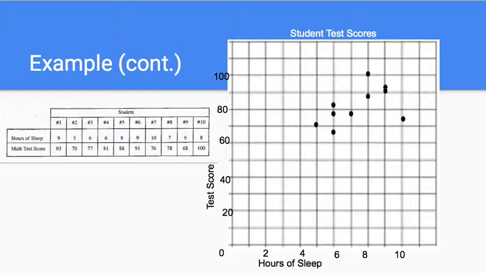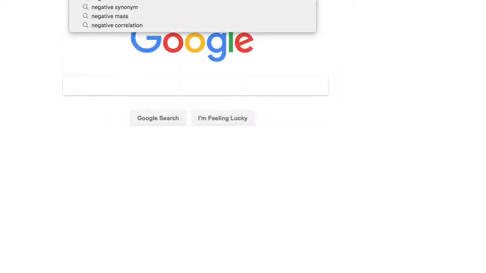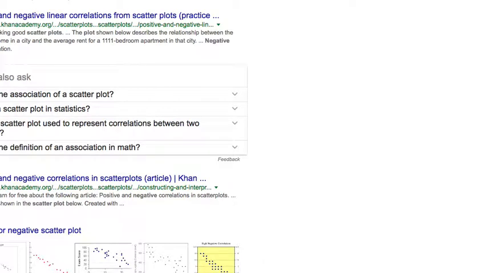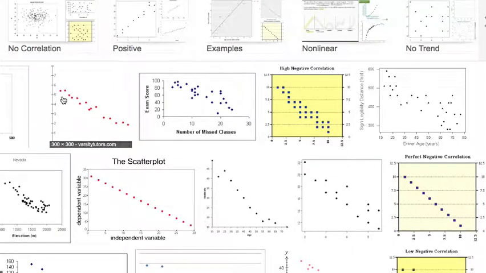Now this scatter plot has what we call a positive correlation. In this case, as the hours of sleep increase, the test score increases. For the most part, we have a general upward sloping. We can find examples of a negative scatter plot, which would be where it goes down.